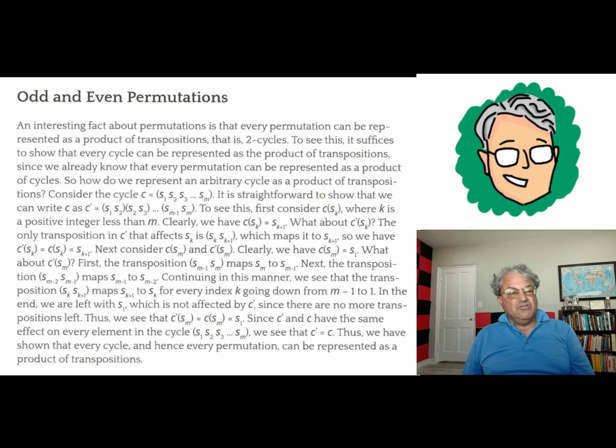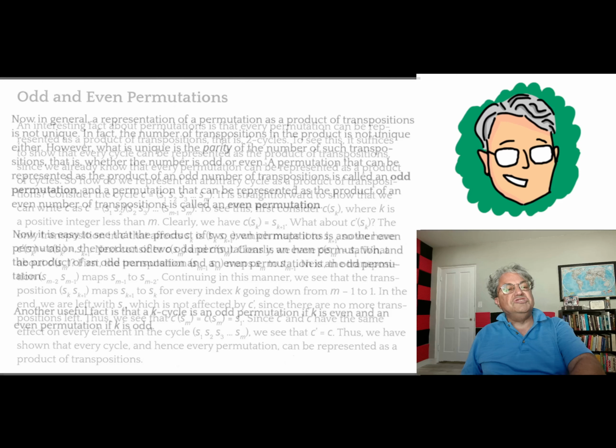So there are different representations of a given permutation as a product of transpositions, but the numbers of transpositions are all odd or all even. If they're all even, we call it an even permutation. If they're all odd, we call it an odd permutation. So those are the definitions of odd and even permutations.